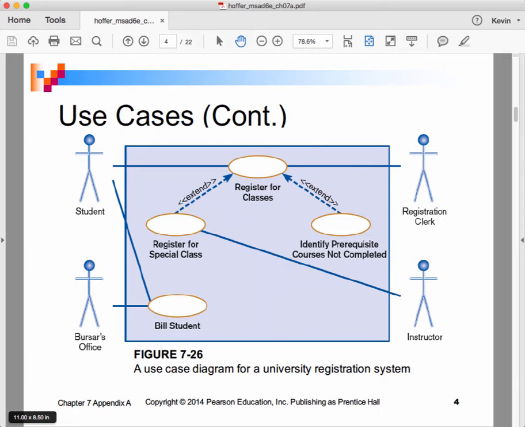So let's say it's a credit card processing system. We would just have a stick figure, and it would say credit card processing system. That's all it would say. There are some diagrammers that have a special symbol for system-based actors. I don't think that adds a lot, so I'm going to expect you to be using a stick figure to represent a human actor or a system actor. Okay.